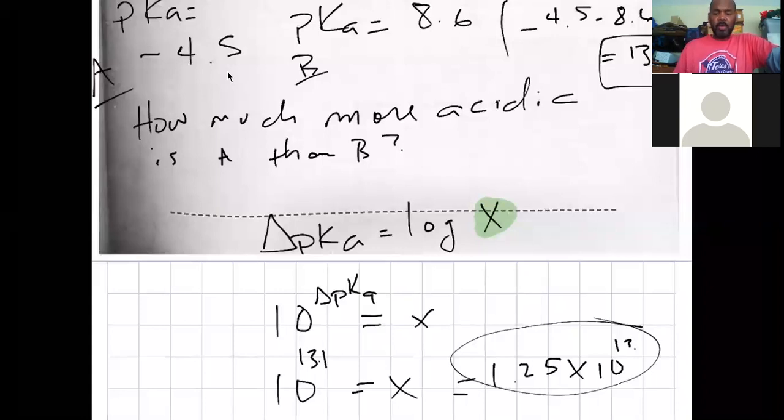Because you know acids give up H plus, right? For every H plus that acid B gives away, acid A gives up 1.25 times 10 to the 13th protons, right? It's that much more acidic. So that's what it means when you ask how much more acidic is one acid than the other.